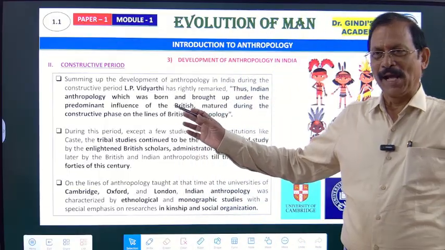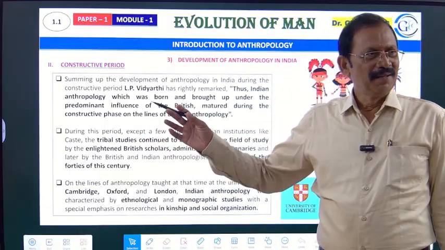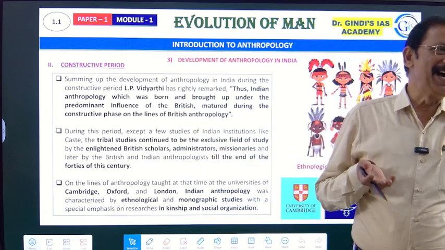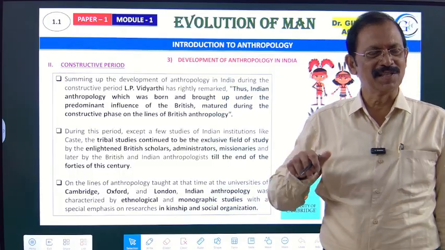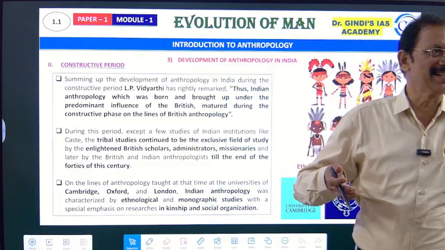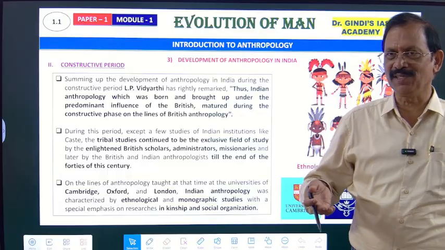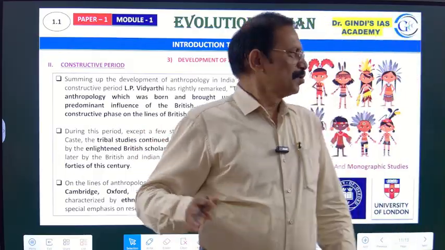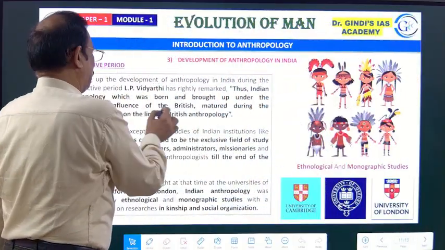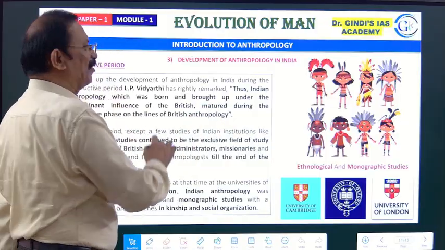Actually, anthropology was brought to India by British scholarly administrators, because they were scholars and academicians with academic values, and at the same time they were administrators, collectors at that time. So it was born and brought up under the predominant influence of the British.